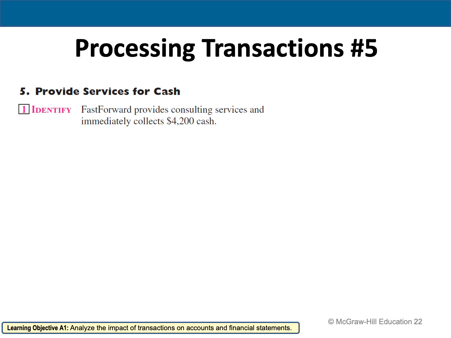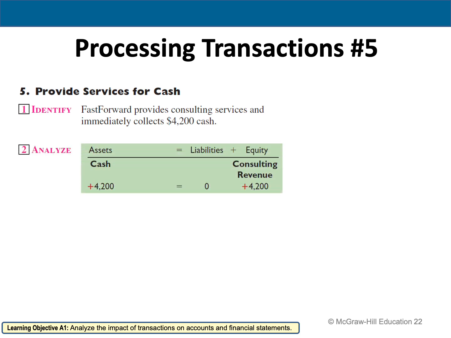The company provides and completes the service and receives cash. So cash will increase and revenue will increase. The cash is increasing and cash is an asset, and the normal balance of an asset is debit. So the cash should be recorded on the debit side because it's increasing.